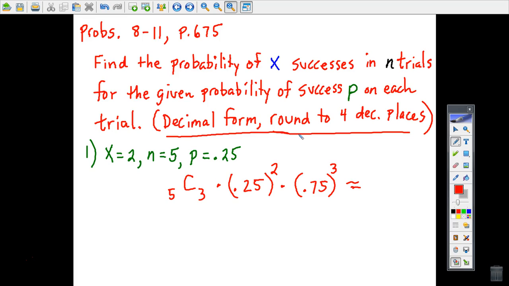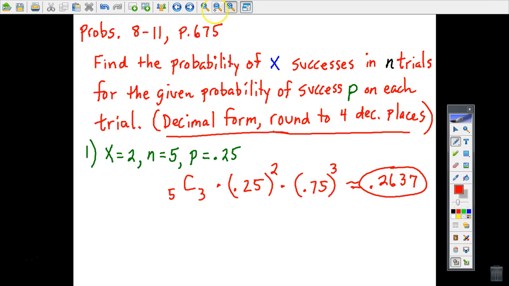I'm going to do 5 nCr 3 times 0.25 raised to the second times 0.75 raised to the third. And my final answer, rounded to the 4th decimal place, decimal form, is 0.2637.